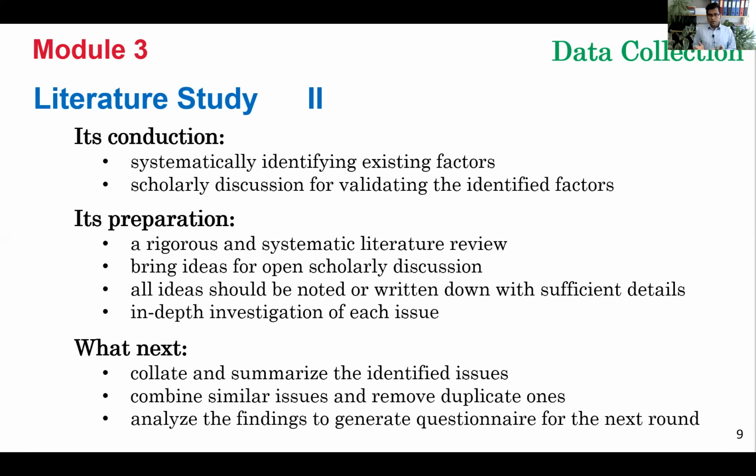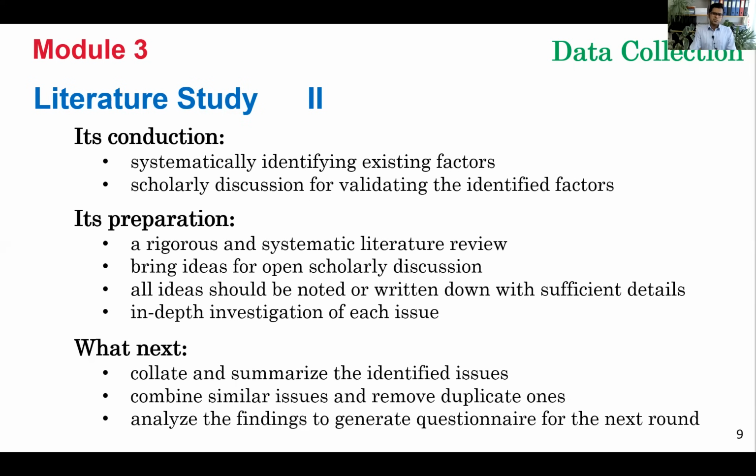The next steps are pretty similar to the previous topic. After identifying the related issues, the findings are collated and summarized to generate a questionnaire for use in the initial round. Based on scholarly discussion, the researchers analyze the generated materials to identify the most important issues by combining the similar issues and removing the duplicate meanings.